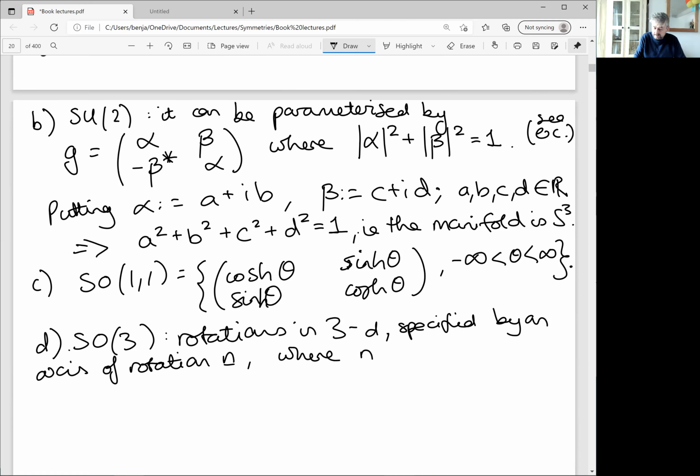So we're going to set this n vector to be a 3-vector of length 1, and an angle of rotation theta.